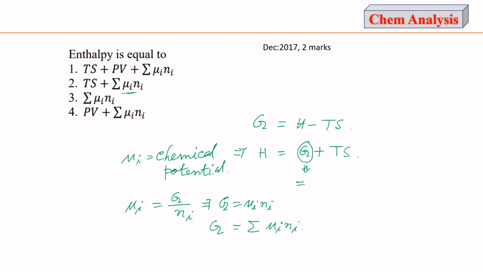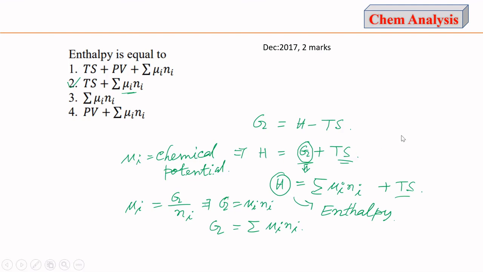So we can replace the G term here, that is summation over mu i Ni, and this term remains as it is. So we can see that H is the enthalpy of the system. So enthalpy is related to Ts plus mu i Ni. So we can see that option number 2 is the correct answer.